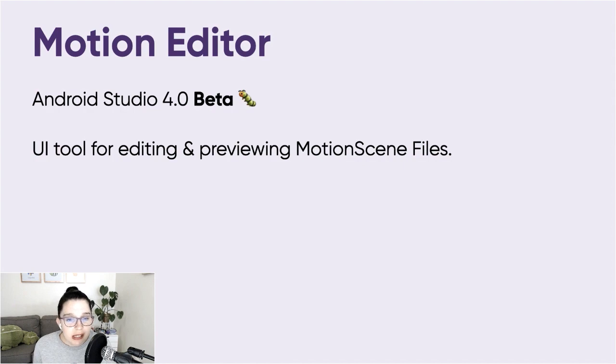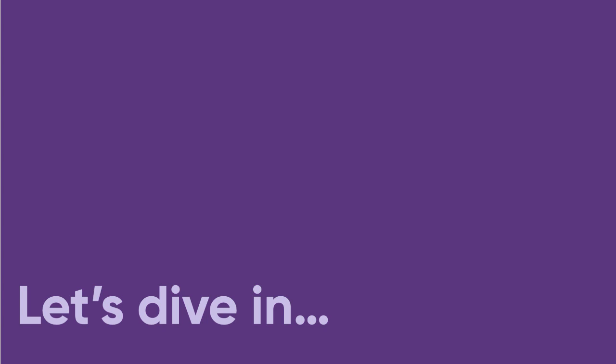But I believe it is important to understand and know that XML, because at some point you're probably going to run into a bug, and you probably want to edit the XML and actually know what you're doing, and merely use the editor to create and adjust things a little bit easier and preview your animations. So it's still important to know exactly how the editor works and how the XML works, but let's look at how we can use this editor and make things really great within Android Studio itself. So let's dive in.